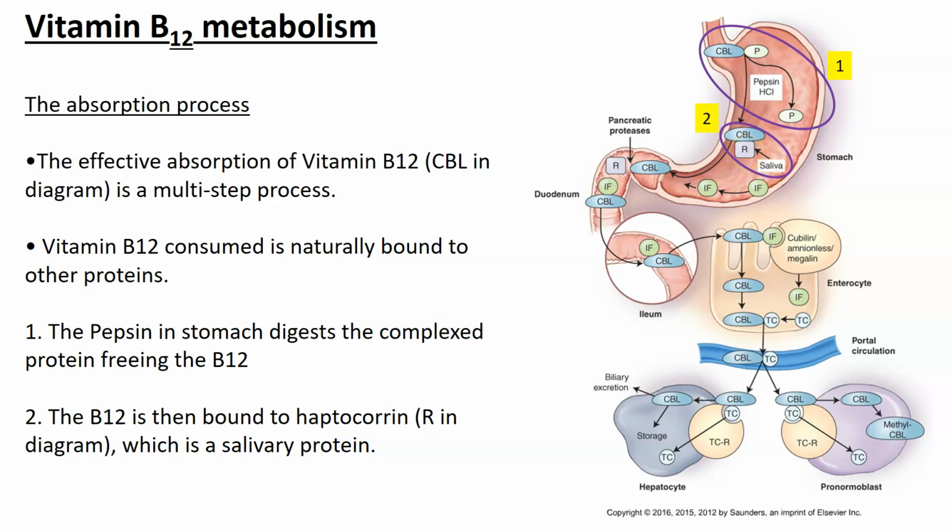When you consume something, obviously there's saliva mixed with the food, and it gets into the stomach. Inside the saliva would be haptocorrin, and that haptocorrin then binds to vitamin B12. So this is just two steps so far, but both of them have to happen in a coordinated way.